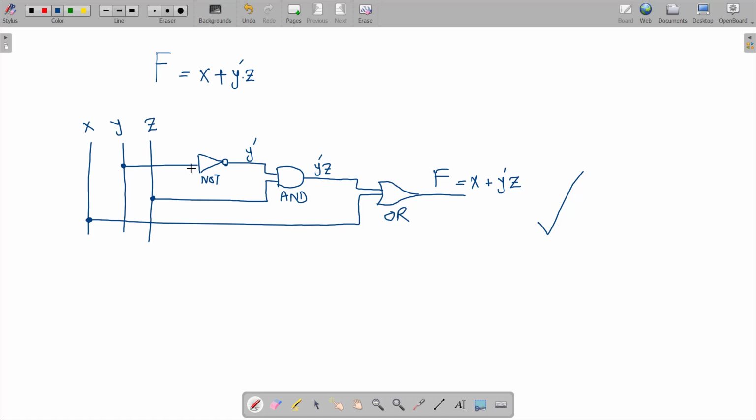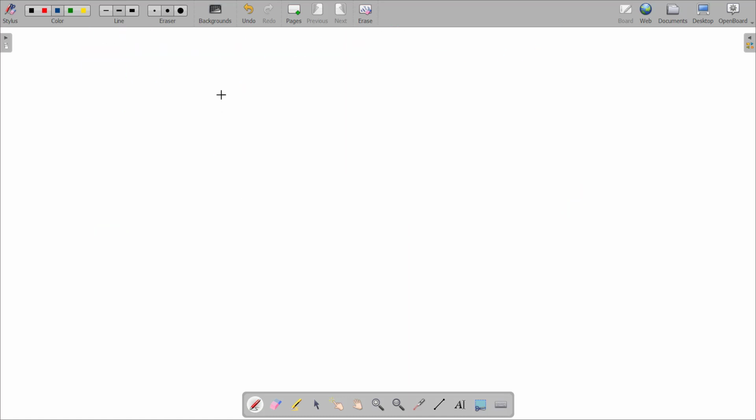For example, suppose that f is equal to x y, or x y prime z, or x prime z. Now we say that each of them is called a term.